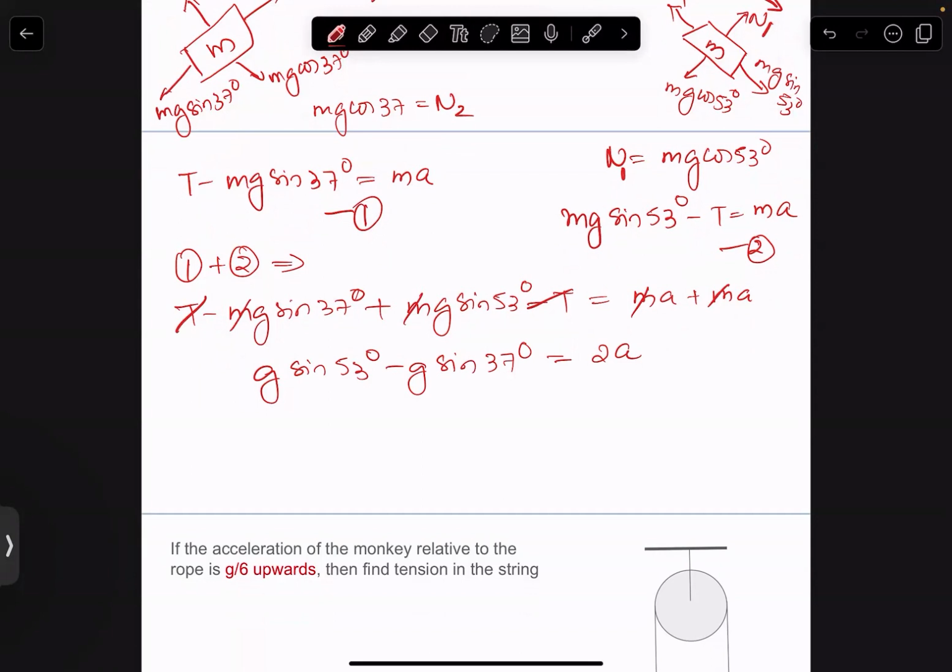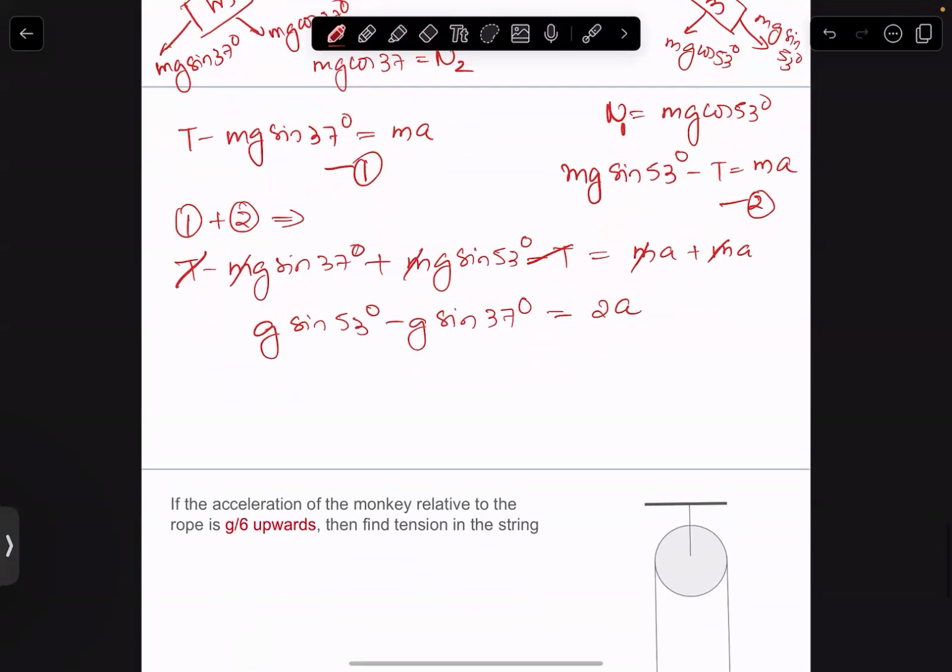Or if you want, you can keep the m, and you will understand that it will cancel out in the next step. So here sine 53 you know the value is g times 4 by 5, and sine 37 is g times 3 by 5, and this is 2 times a.